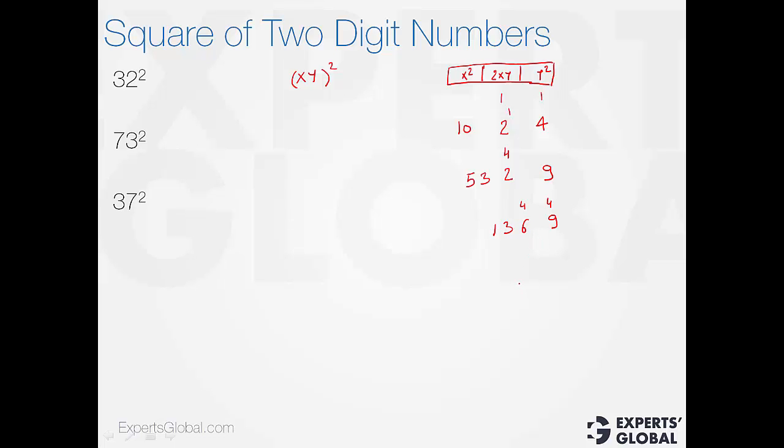1369 is 37 square. Let's do it very quick now. 49 square, 81, 1, 8 carry. 4 into 9 into 2, 72 plus 8 carry, 80, 0, 8 carry still.